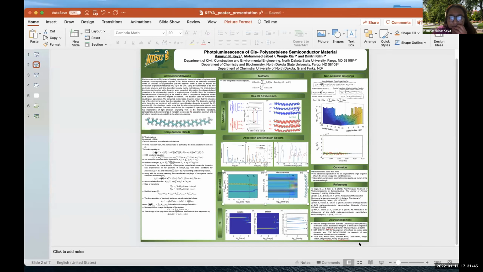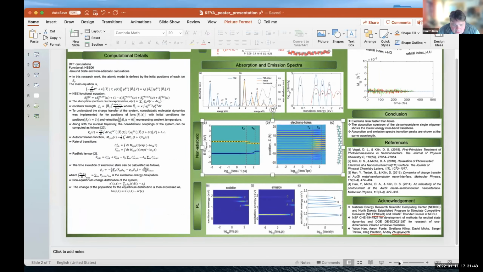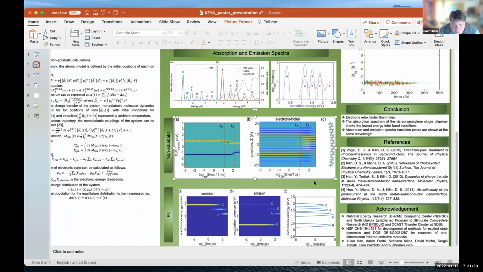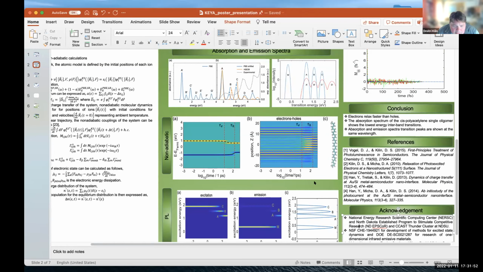This figure and this one, these two. So what should you look at? From this figure, we are able to see that this yellow line refers to the electrons, and it relaxes faster than the blue line, which means the valence band, HOMO.